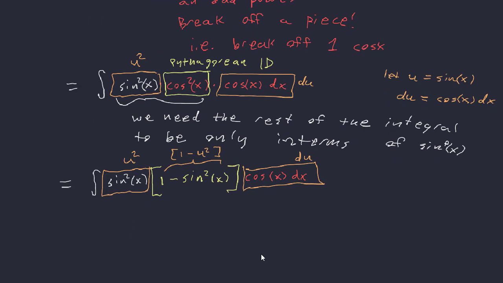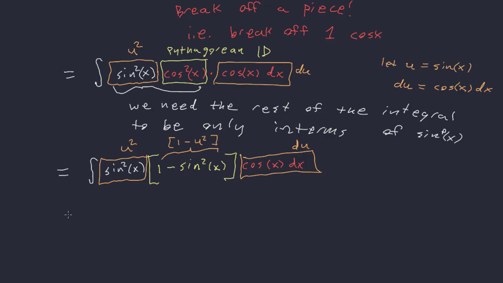So here in this next step, let's do that u substitution. We're going to get the integral now of u squared times 1 minus u squared du. And now we have simplified this down to a much nicer thing.